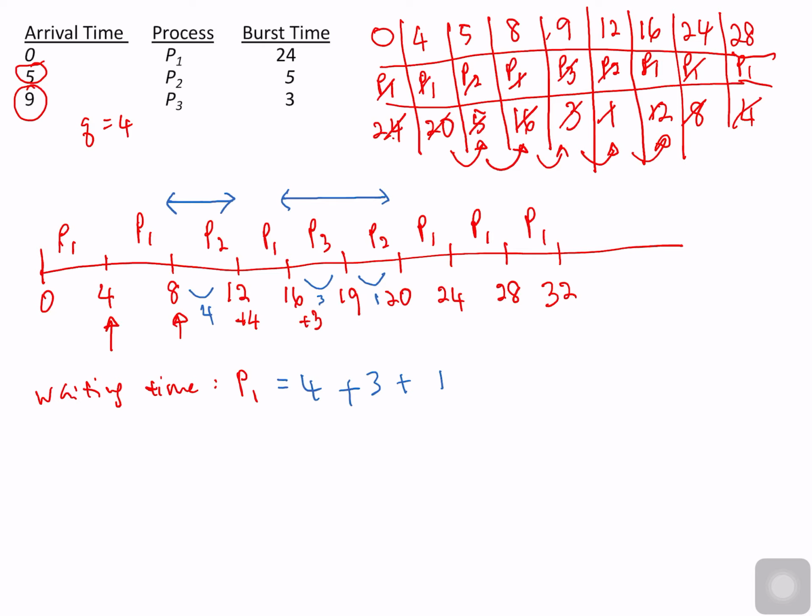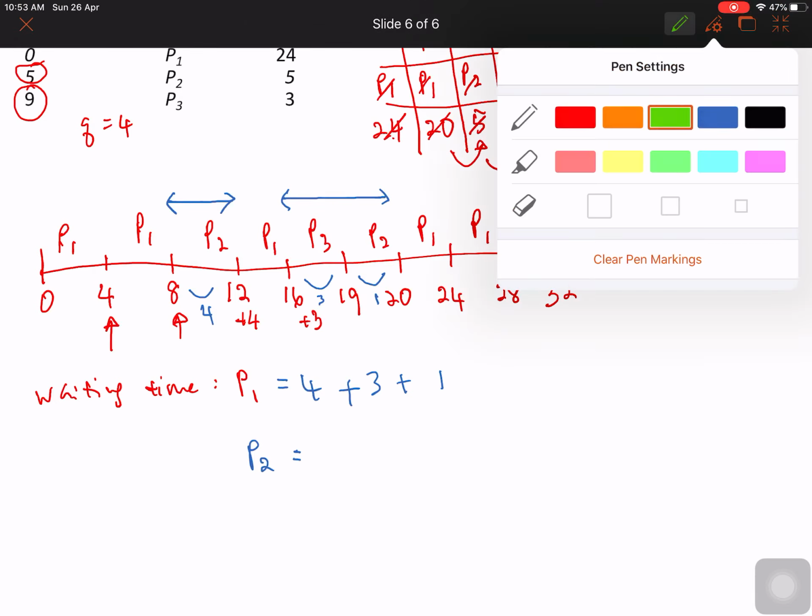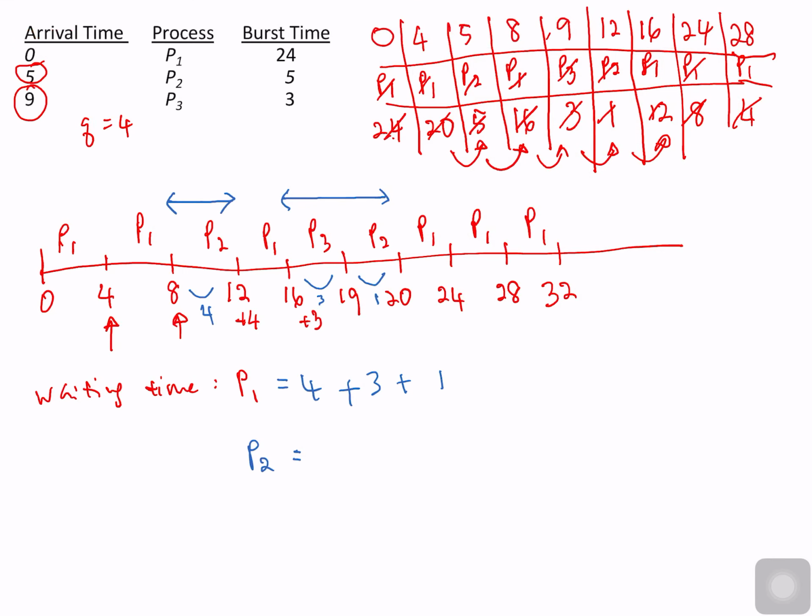And then we have P2. For the waiting time of P2, because P2 only arrives at 5, even though it begins at 8, it will be 8 minus 5.